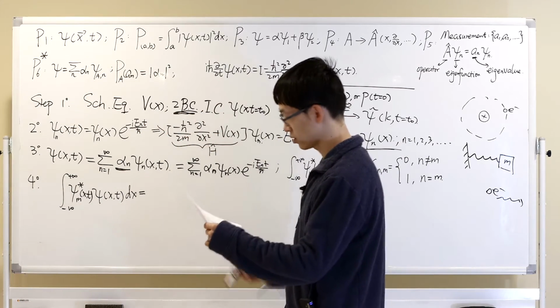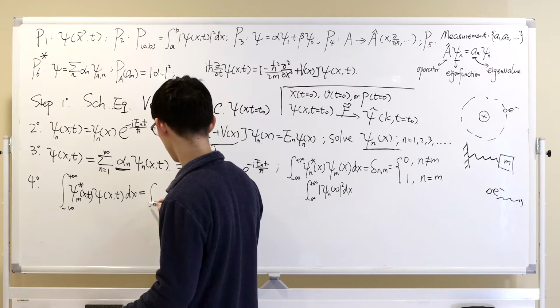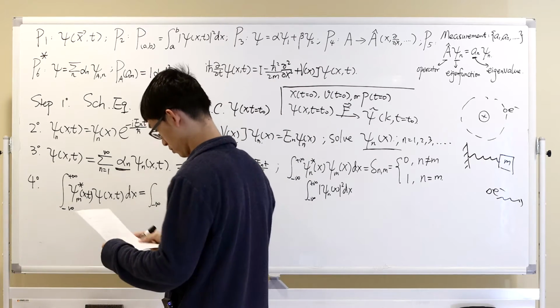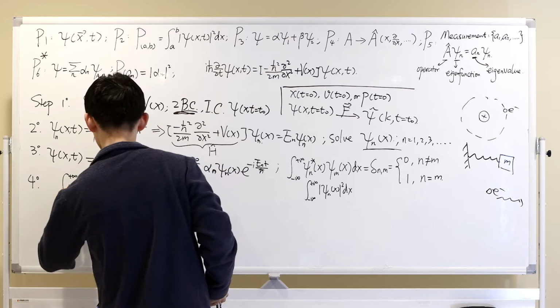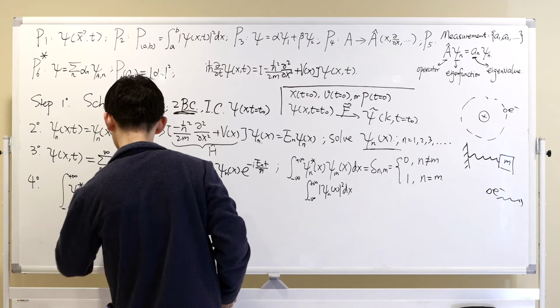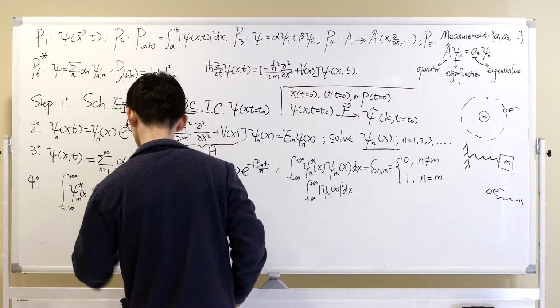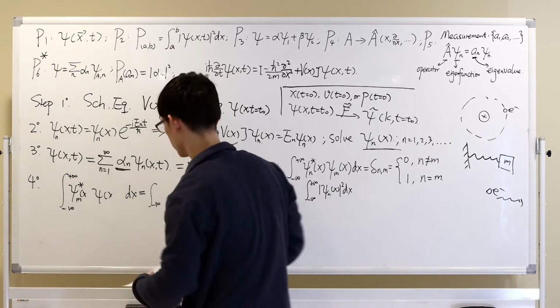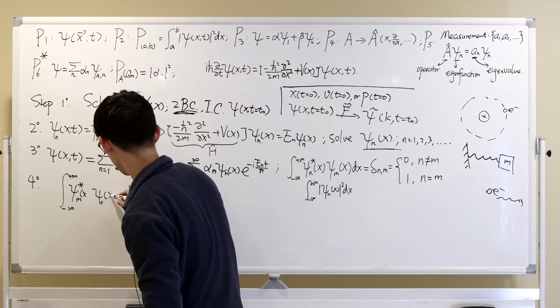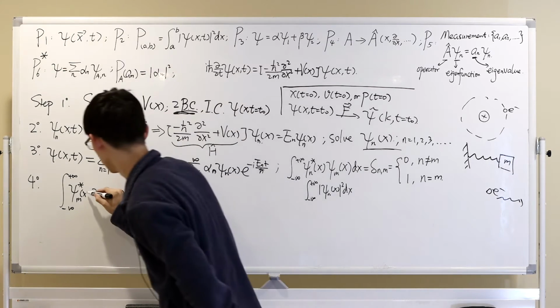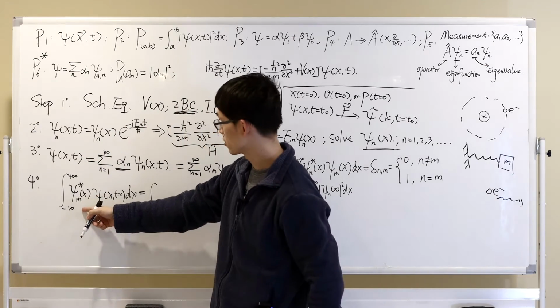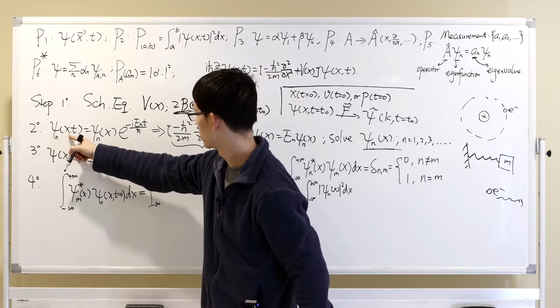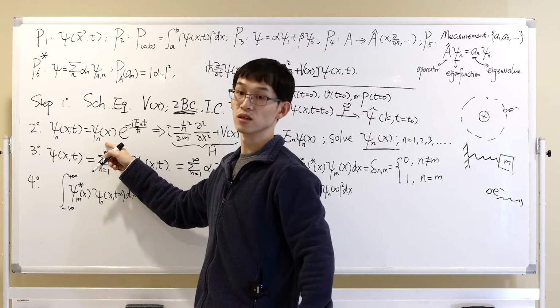So the way to look at this is that this gives you time equals 0. Because we know the initial condition, time equals 0, and then for time equals 0, all the psi m is just psi m itself.